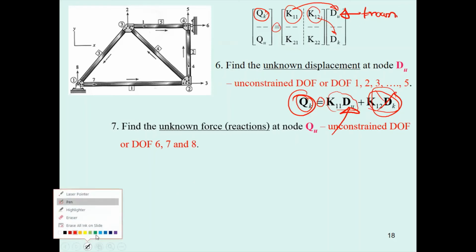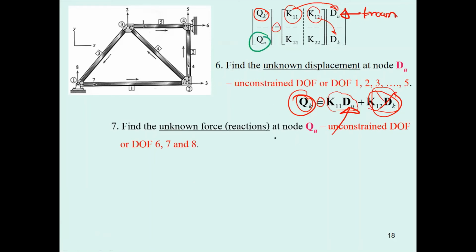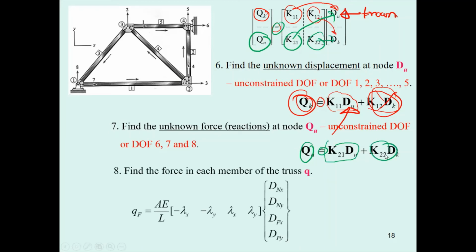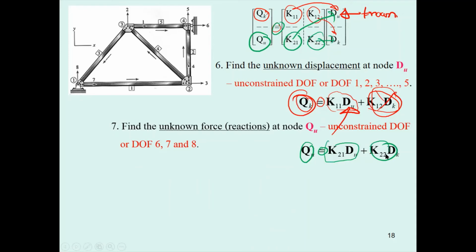You then find Q sub U. Q sub U equals, by this equation, K sub 21 times this one, plus K sub 22 times this one, and then you put everything into your calculator, you will get the result. Okay, now you get the reaction.